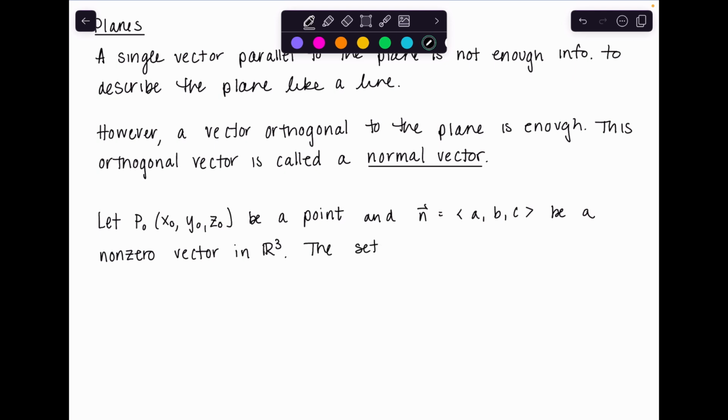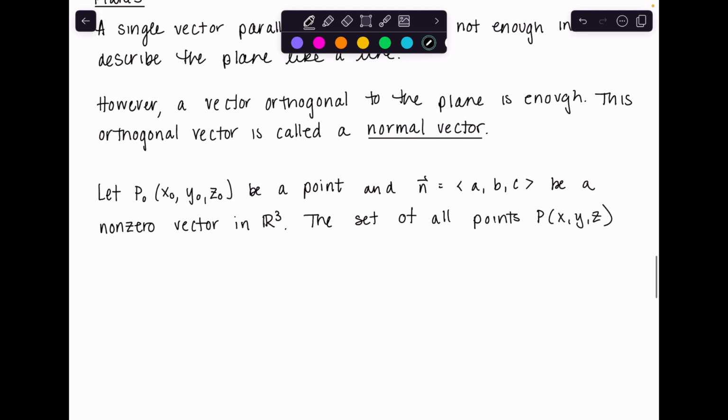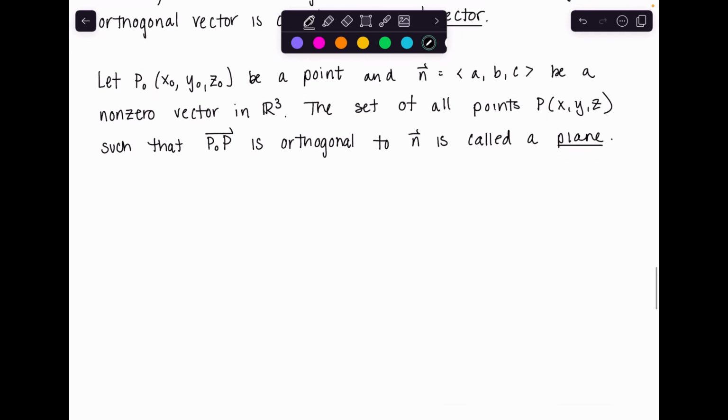The set of all points P, which we have no idea what the components are, so we'll call them x, y, and z, such that the vector P0P is orthogonal to n, is called a plane. So let's go ahead and draw our picture.